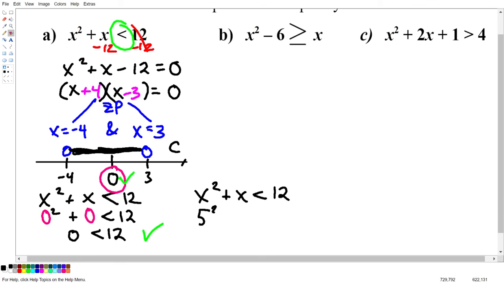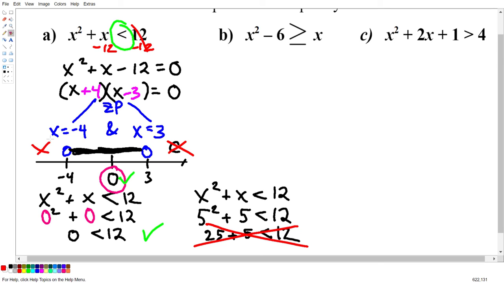Let's try plugging in 5 and see if this gives us a true statement. So 5 squared plus 5 is 25 plus 5. And as you can see, 25 plus 5 is not going to be a true statement, meaning anything in region C is not going to work.